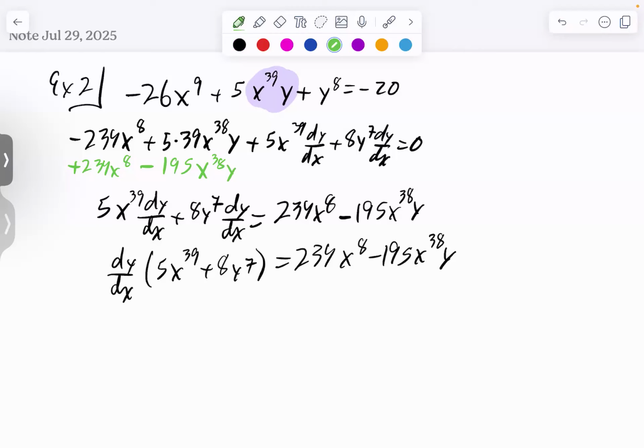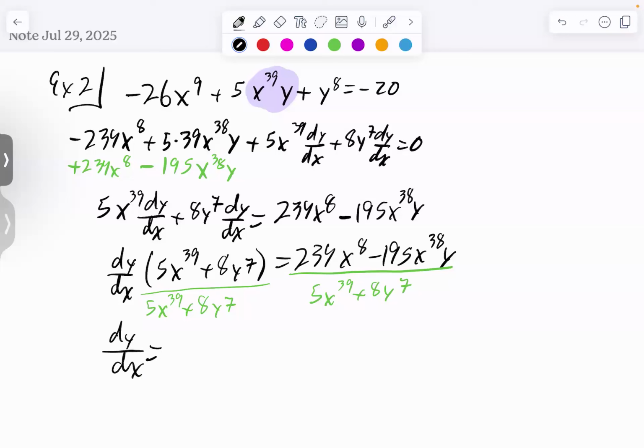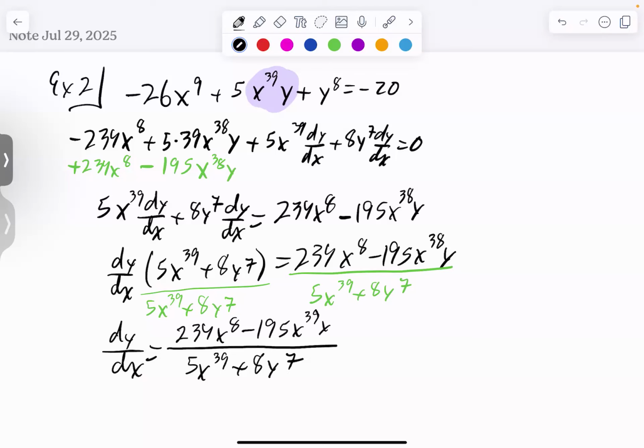And again, I'm still trying to get dy dx by itself on one side. So I'm going to go ahead and divide both sides. Which means dy dx is here.